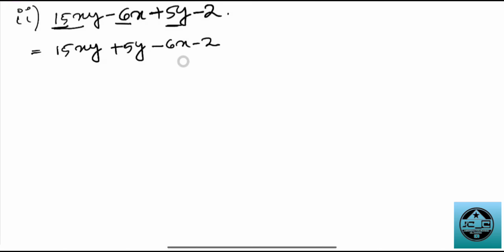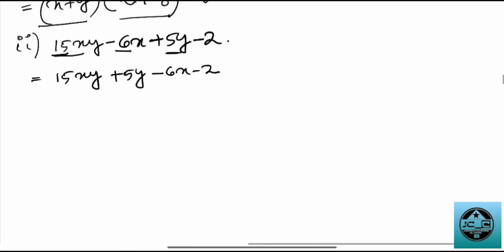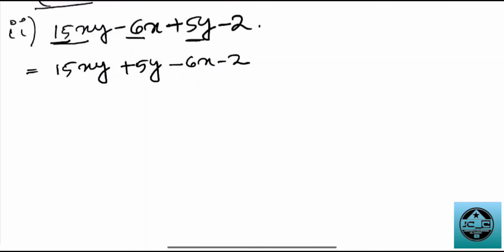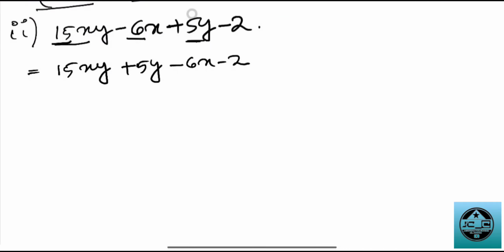Clear? Any problem? Only what did I do? I just rearranged the terms. I took 5y to this place and 6x to that place; I only changed the positions. Now look at this. The common factor of 15xy and 5y is 5y.